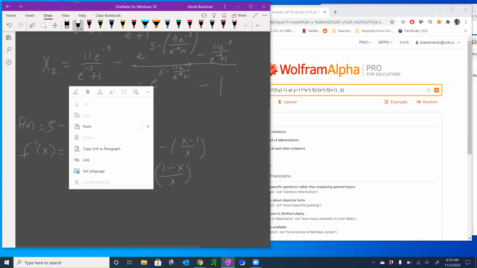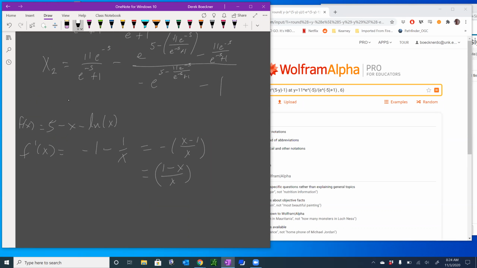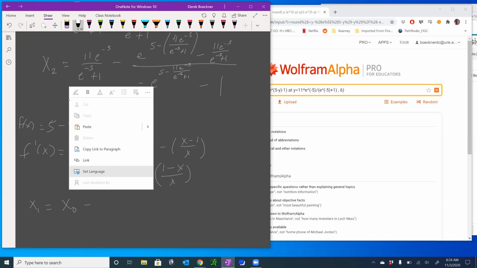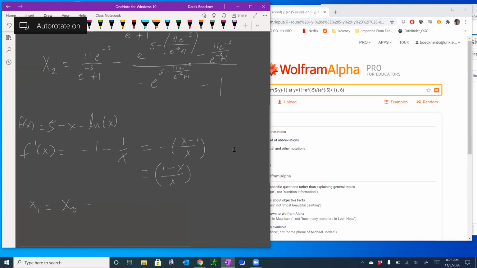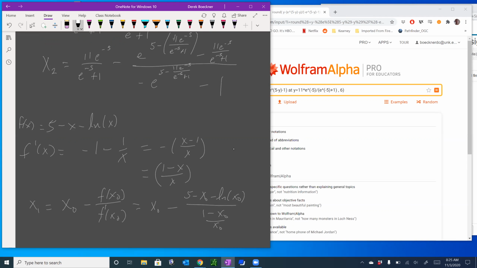And then we'll get x1 equals x0 minus f of x0 over f prime at x0, which is going to be x0 minus 5 minus x0 minus natural log of x0 over 1 minus x0 over x0.